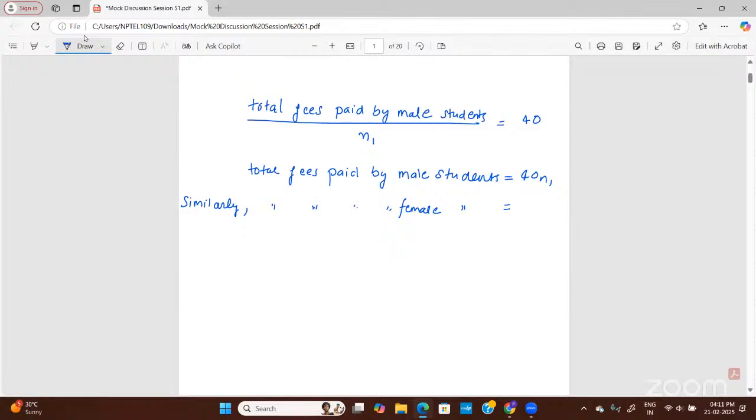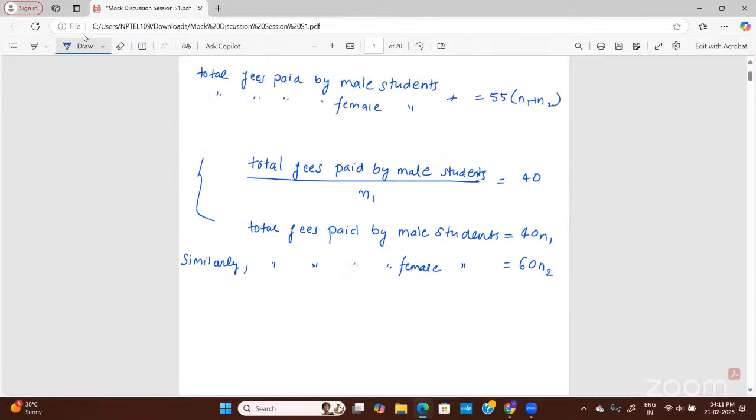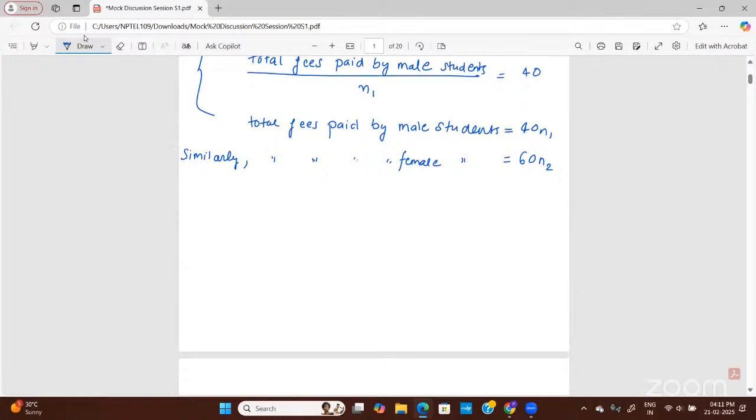Okay, so the total fees paid by the female students will be 60 into N2, using the same formula. So now we can write that 40 N1 plus 60 N2 divided by N1 plus N2 is given to us as 55.